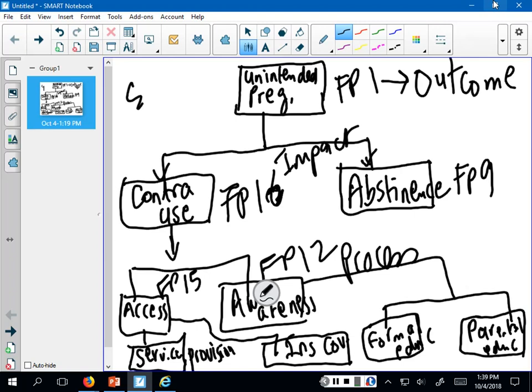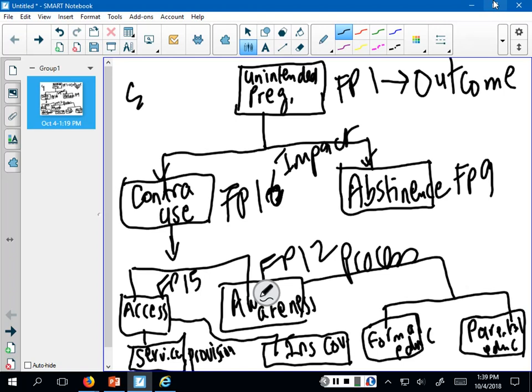Make those services more affordable, and then the action plan that seeks to increase the level of awareness about reproductive health matters will address school-based policies, parental education, mass media campaigns, and other efforts tied to awareness. Okay? So the activities in your action plans will relate to the indirect contributing factors.